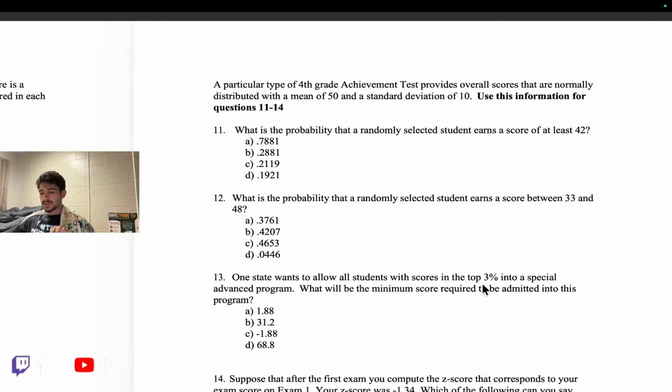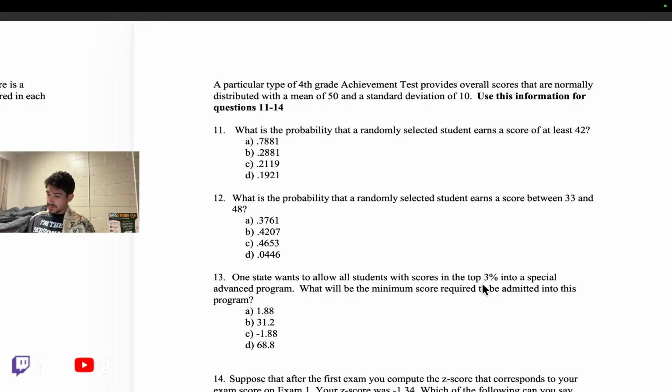With this data, we can calculate the z-score. So z is equal to our x, which is going to be 42, minus the mean, which is 50, over the standard deviation, which is 10.